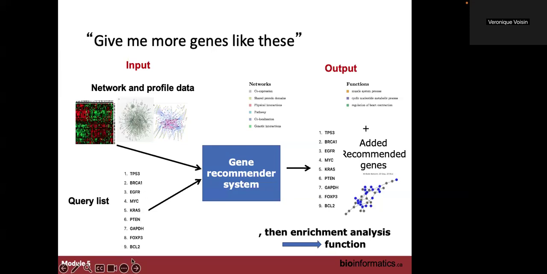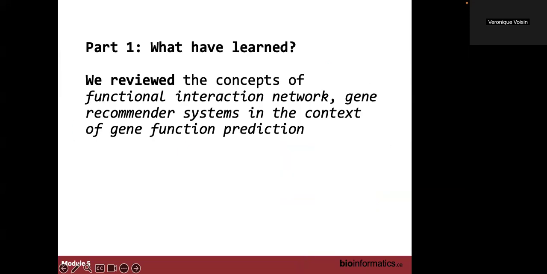Based on this context, so based on the functional interaction networks that have more weight in the query list, the gene recommender system is going to add other genes related to my query, and they will be different from the query where we only put TP53. In summary, in a context-dependent query, we will choose what networks are relevant to answer the question about that list.